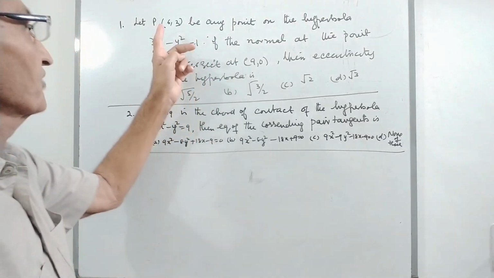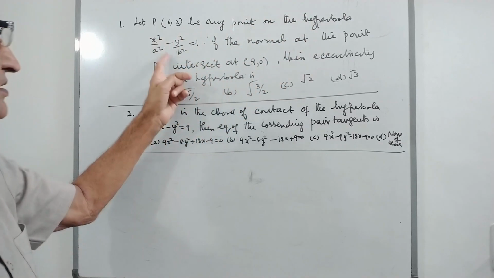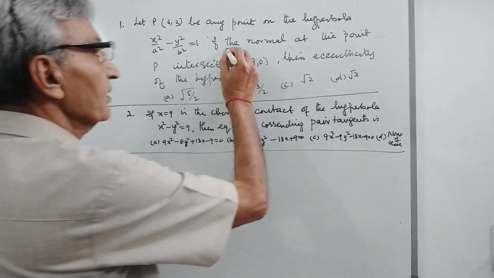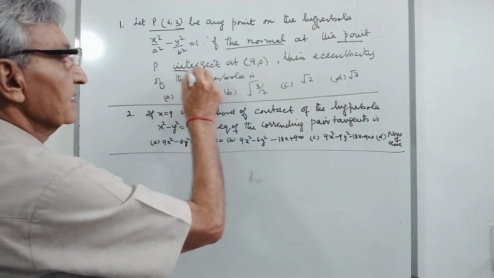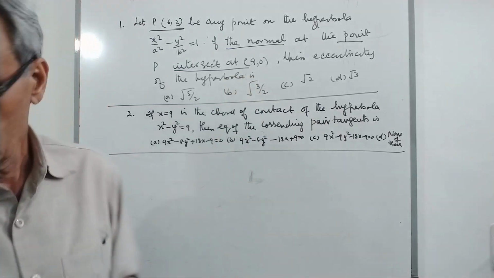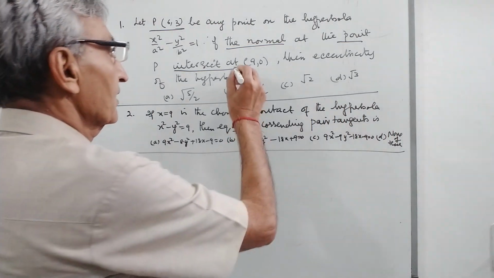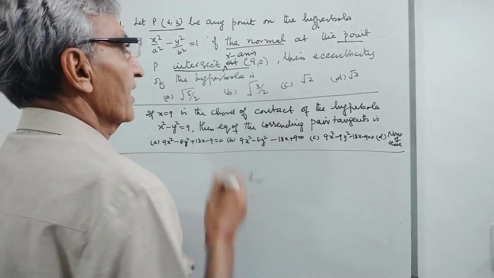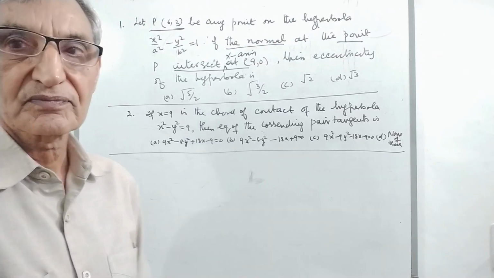It says if P is a point (6, 3), any point on the hyperbola, this is the hyperbola equation. If the normal at this point P intersects the x-axis at (9, 0), then find the eccentricity of the hyperbola.